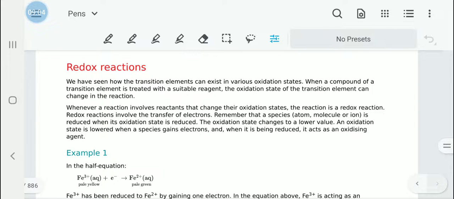Leave a line and write: because transition elements exist in various oxidation states, a redox change takes place during a reaction.